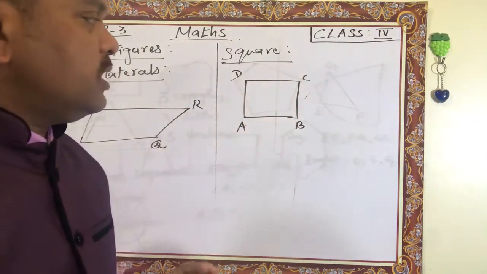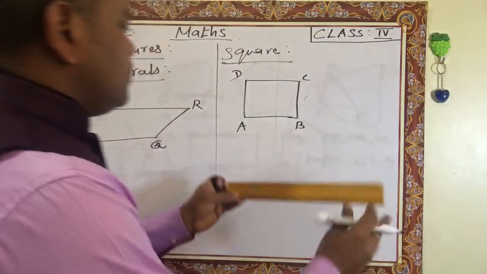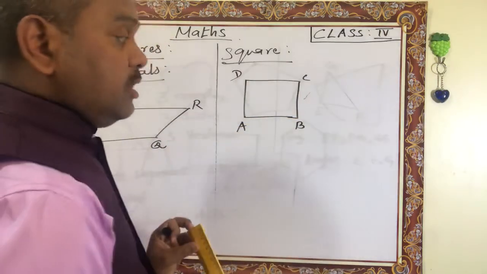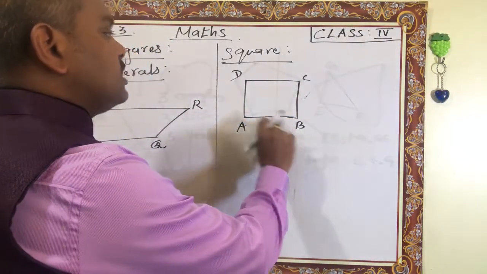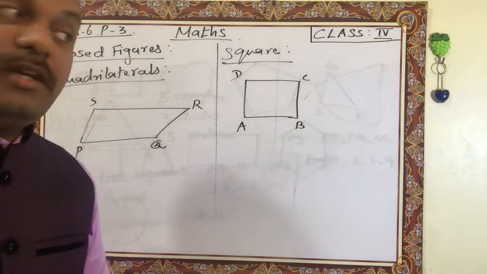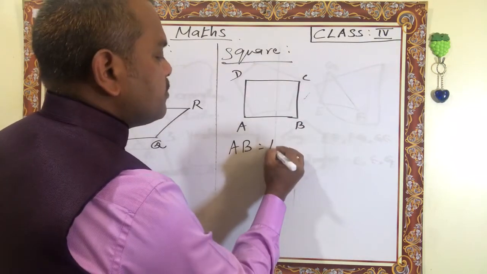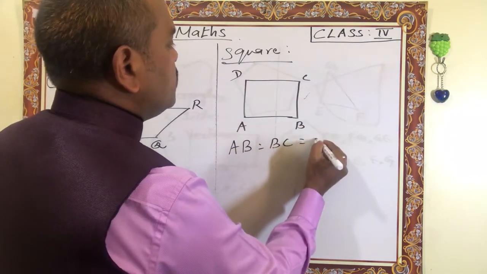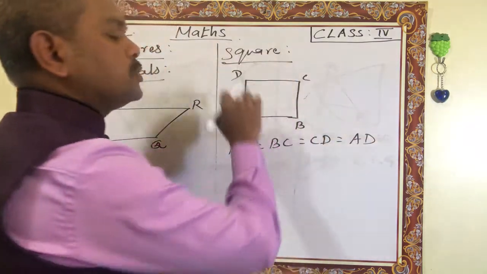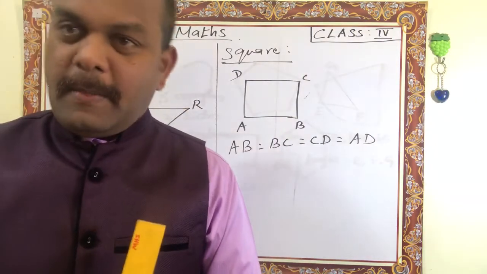If I measure one side AB, the side AB is 12.5 centimeter. If it is 12.5 centimeter, it means all sides should be 12.5 centimeter. I mean AB is equal to BC is equal to CD is equal to AD. All sides should be the same. This is called square. Understood?